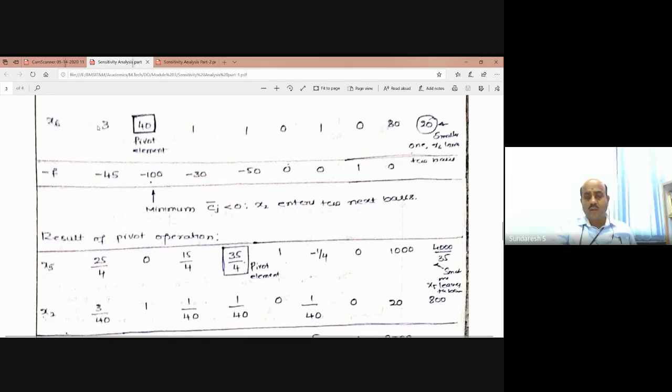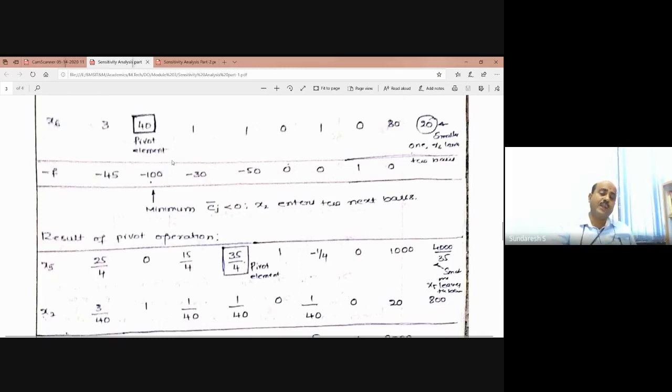The values we entered in the X6 row in the previous table will be divided by the pivot element value. In this case, the pivot element is 40. So divide all those values by 40 and enter those values in fractional form only. Keep it in fraction form. And that will constitute the X2 variable values.